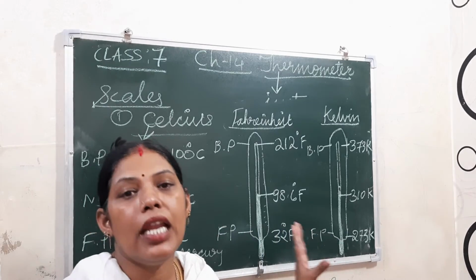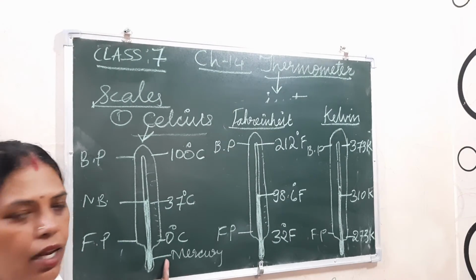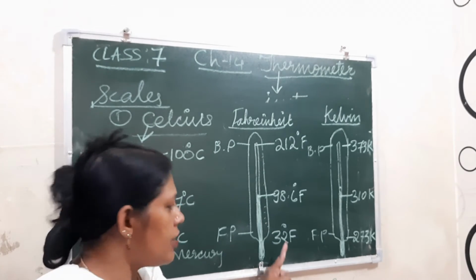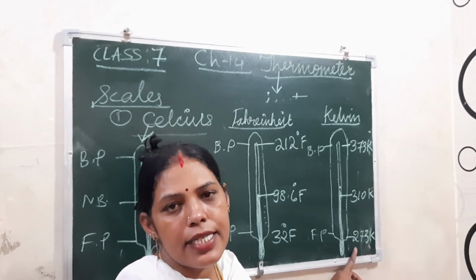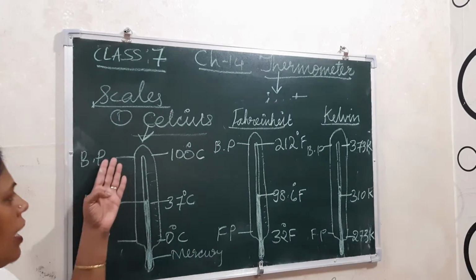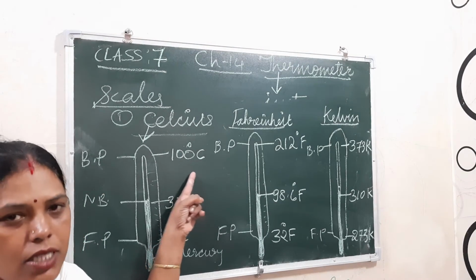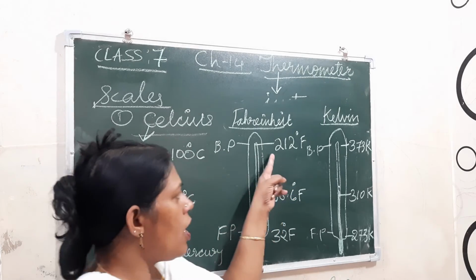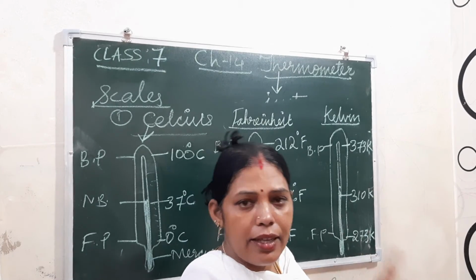How it is correlated: the freezing point in the Celsius scale is 0 degrees Celsius, in the Fahrenheit scale it is 32 degree Fahrenheit, and in Kelvin it is 273 Kelvin. The upper boiling point is 100 degree Celsius, 212 Fahrenheit, and 373 Kelvin.